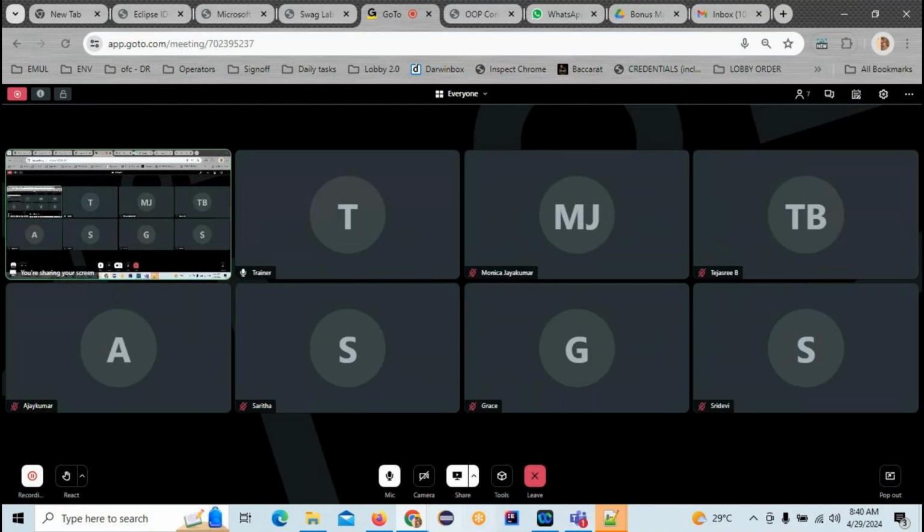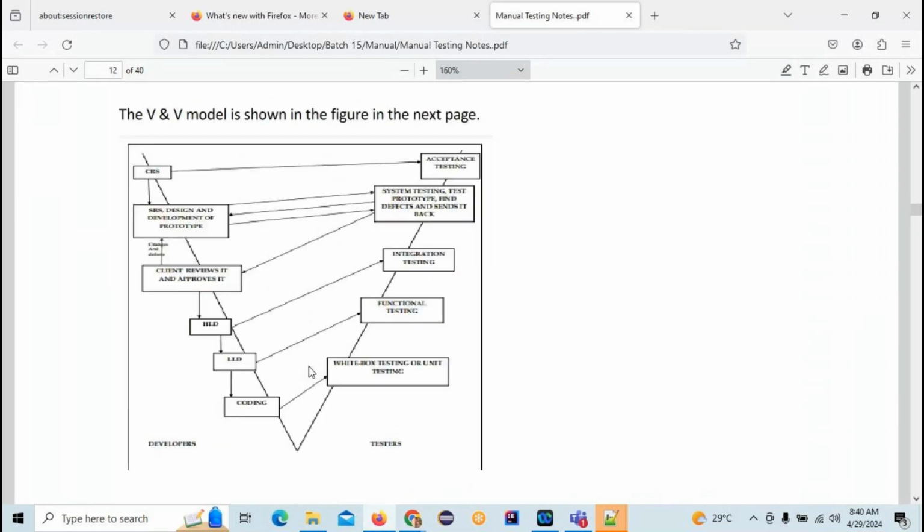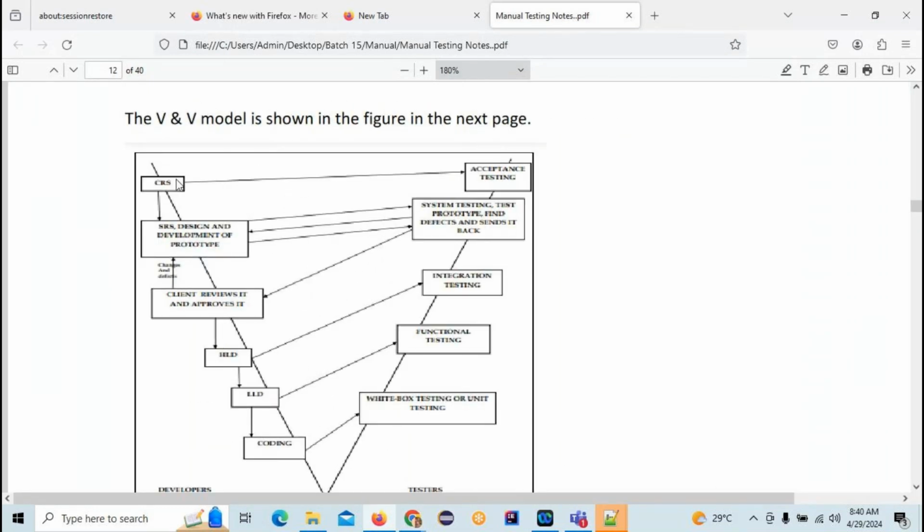Okay, fine. So here you people have to remember this diagram carefully. The customer gives the CRS document, and the developer and tester both work. The developer will convert the CRS into the SRS, and the tester will review the CRS requirements. Once the developer is done with the SRS, it is sent to the tester team, who check that the SRS is converted properly against the CRS.